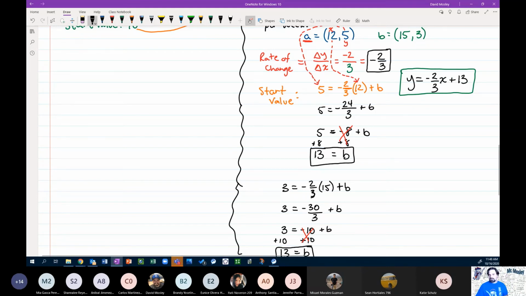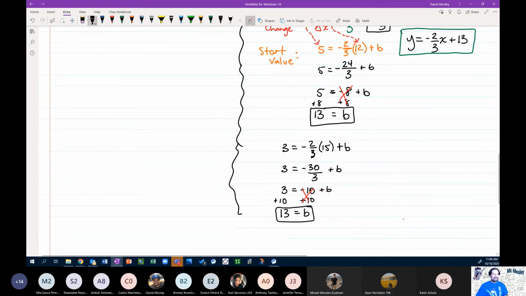Okay, and then Shanley is asking, why was the 10 added 2 times? If I'm adding or subtracting a number that wasn't already in my equation, I have to do that on both sides to keep it balanced. So I add 10 to the right-hand side of the equal sign, and I have to add 10 to the left-hand side.